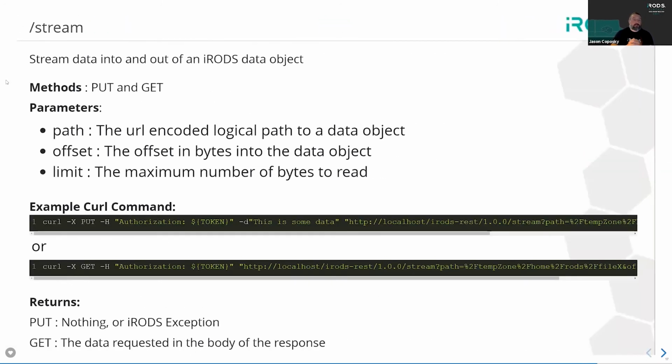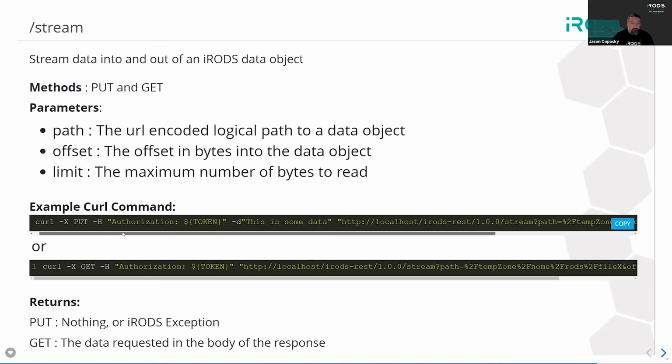Now, for interacting with data objects, we have a stream interface, which takes both a put or a get. These are implemented as individual endpoints, so they can be containerized individually, but they are fanned out through the reverse proxy Nginx based on method. So we can take a path, we can take an offset into that particular data object, or limit the number of bytes read rather than just fetching that whole object.